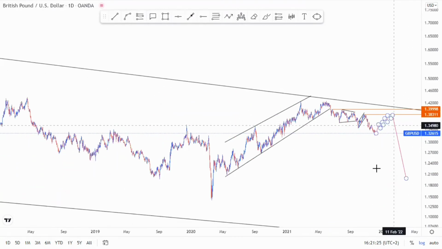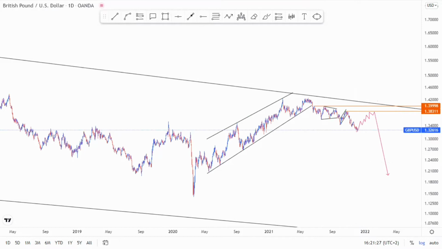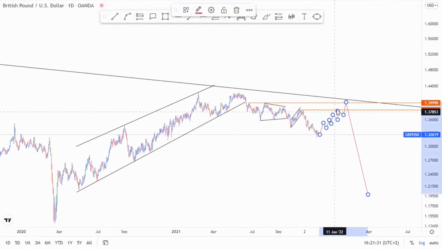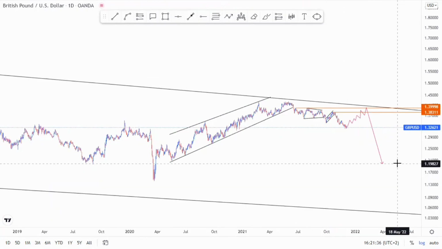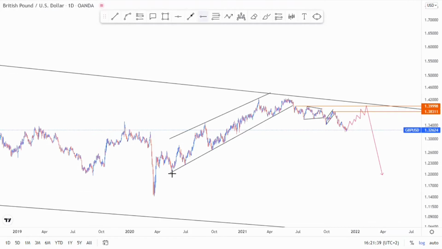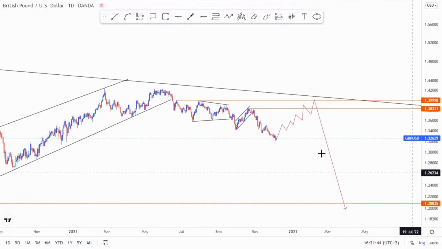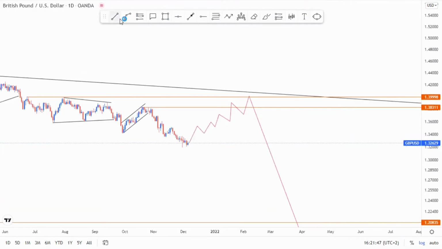I'm expecting price to do something like that to go to the downside. It can even stretch out, but it has to make a continuation pattern to go to the downside, as you guys can see. So that is how I approach the markets.